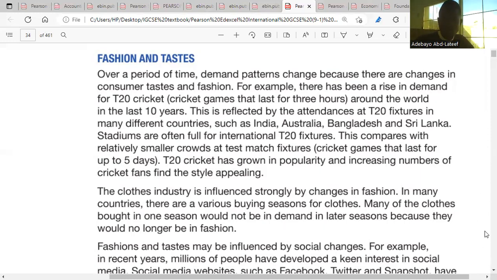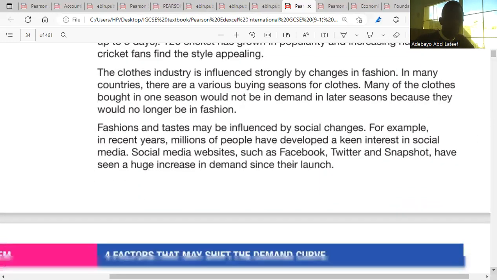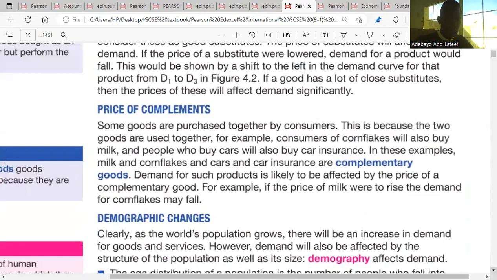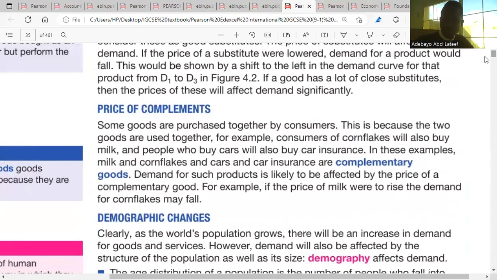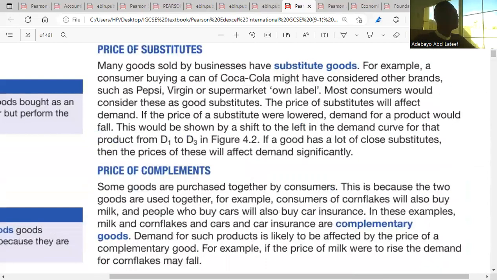Then we go to price of substitutes. When we talk about substitutes, we're talking about products that can be used instead of another, like Coca-Cola, Pepsi. They are substitutes, yes or no? Your school and other schools, they are substitutes.